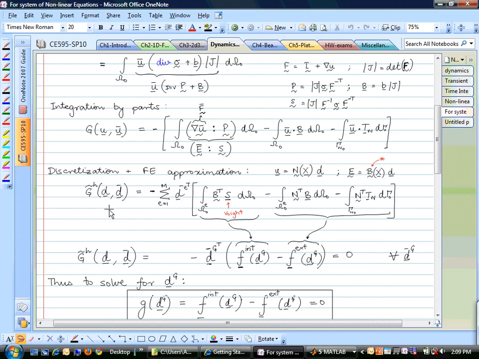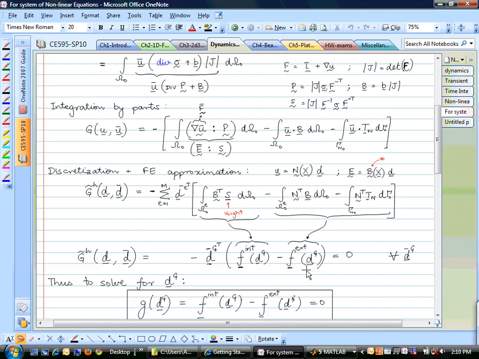So when you substitute your finite element approximation, what you get is internal force minus external force is equal to 0. This is exactly what we had before in the nonlinear spring problem. Ku minus P is equal to 0. This term is like K of U. This term is like P.